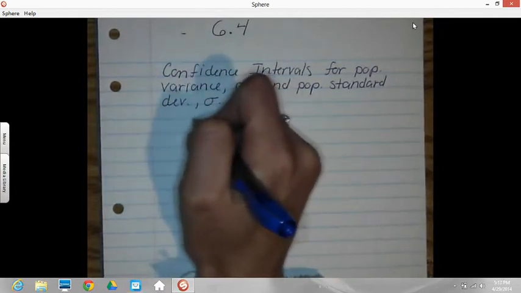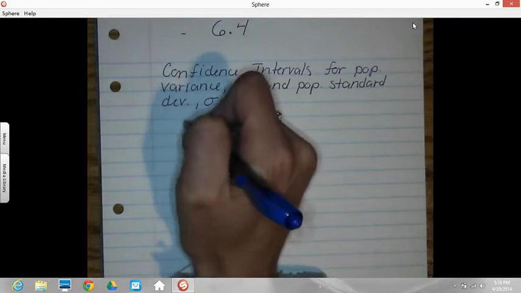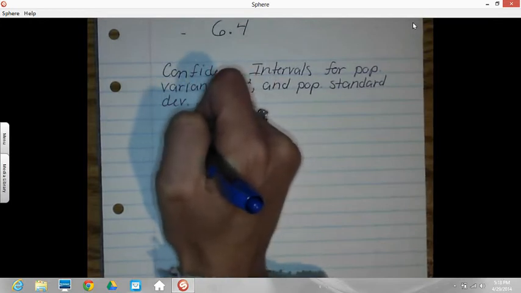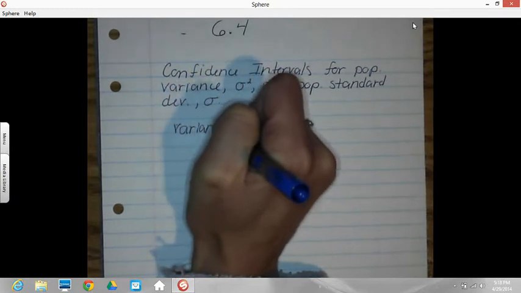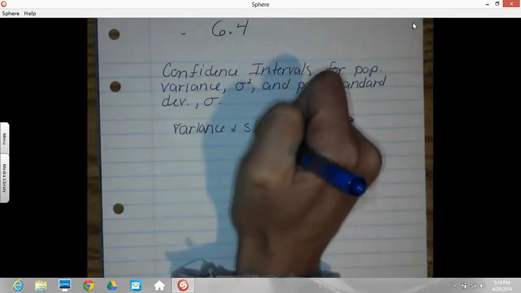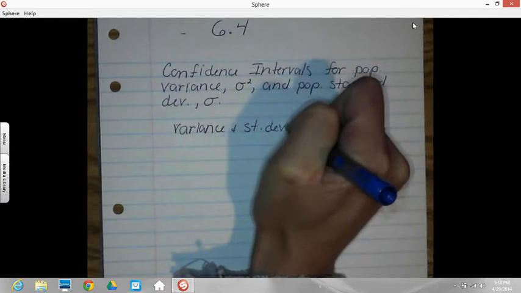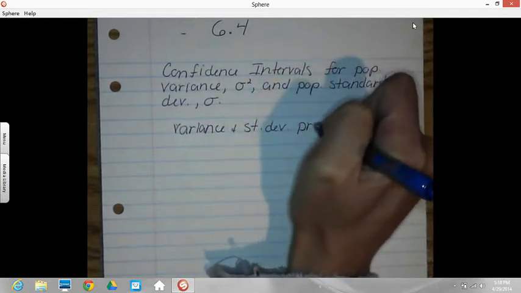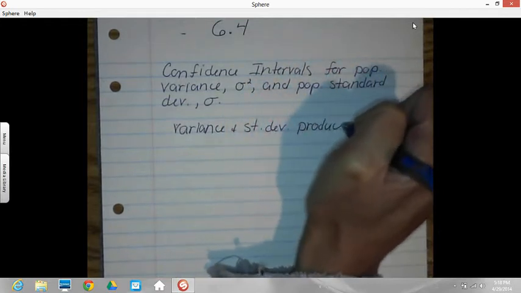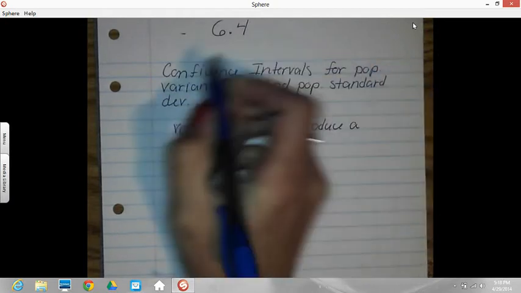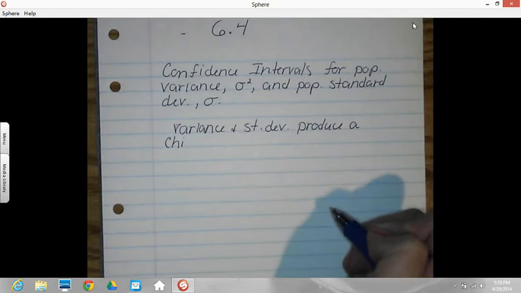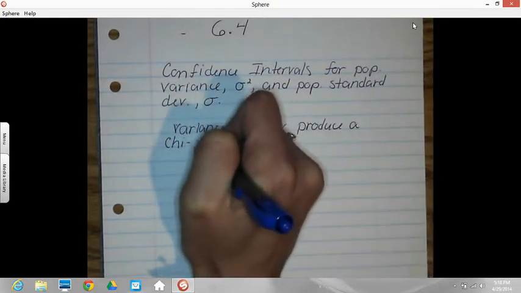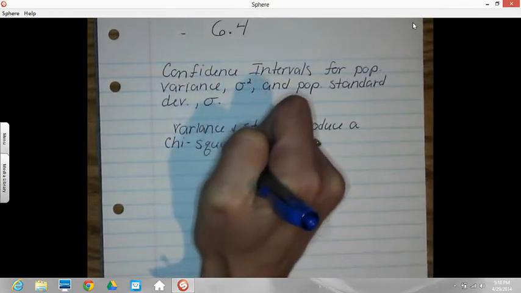So variance and standard deviation produce what's called a chi, Greek letter chi, and I'll show you what it is in a minute, square distribution.